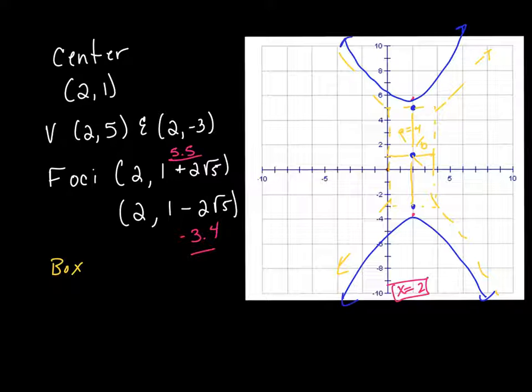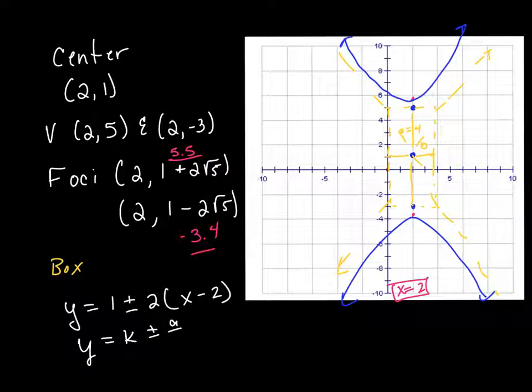Now, one last piece that I need to say: the equation of the asymptotes is just going to be y is equal to 1 plus or minus 2 times x minus 2. Where does this come from? This is just the fact that y is equal to k plus or minus a over b times x minus h. And I think that one is the last hyperbola on this worksheet.